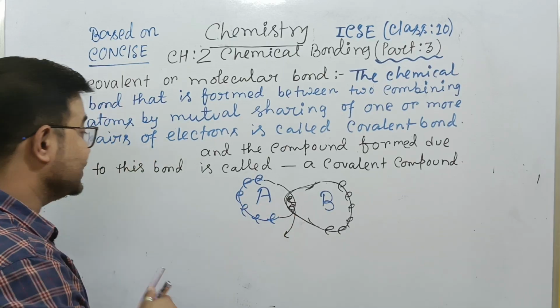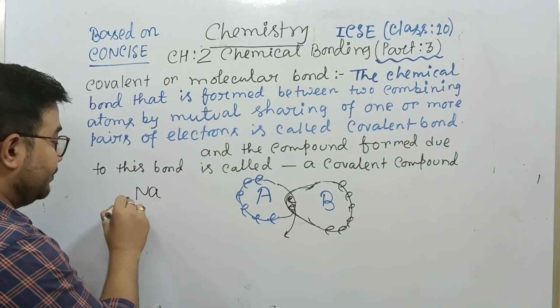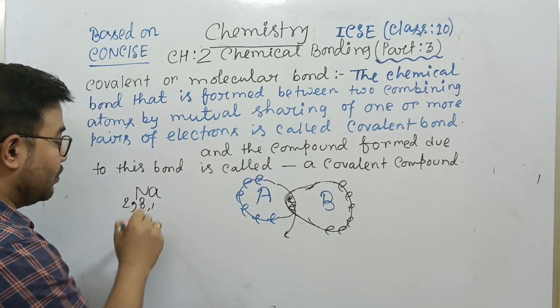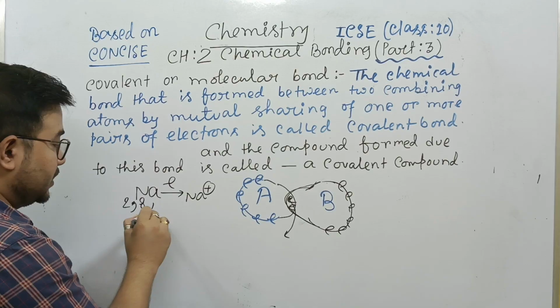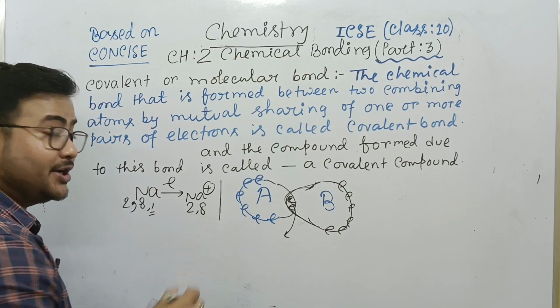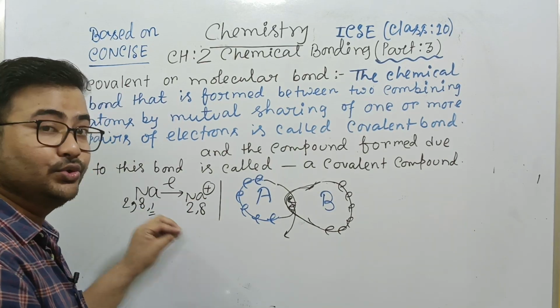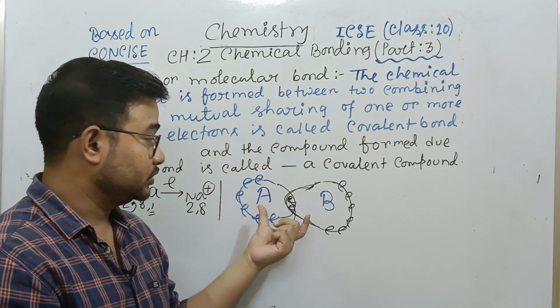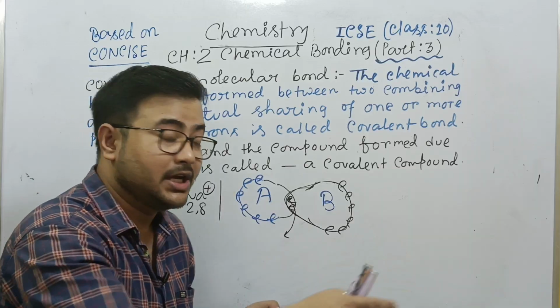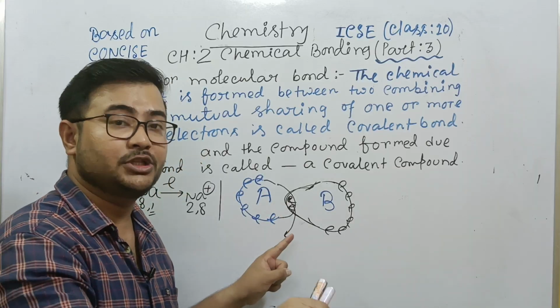It is not like sodium, 2, 8, 1. Sodium tries to lose an electron because then it gains an octet. Here A and B both do not have a tendency to lose, they try to donate in a common space.